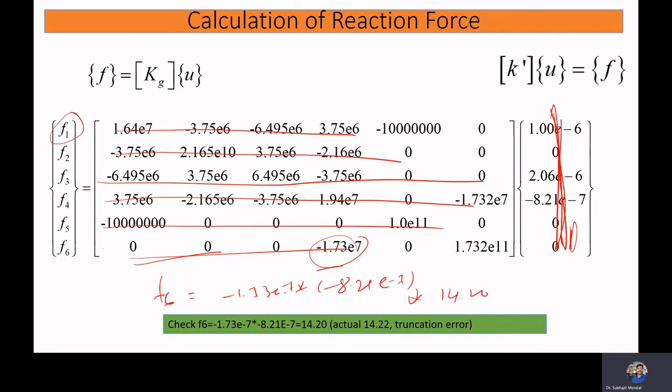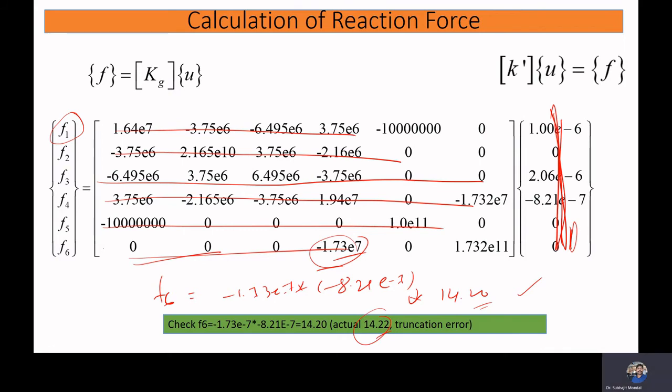Now if you do the solution in MATLAB, that value will come as 14.22. That we can say is the truncation error, because we have truncated our decimal points. If we consider higher decimal points, you can have a little bit more accuracy. So this is the way we can obtain the forces at the nodal points.